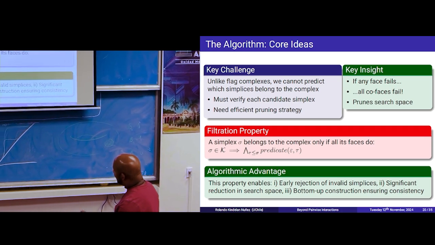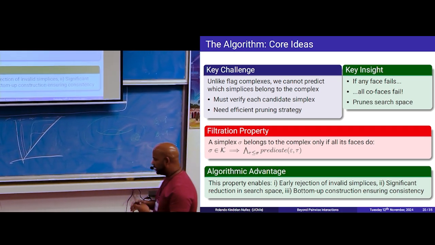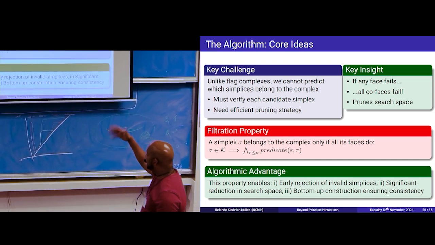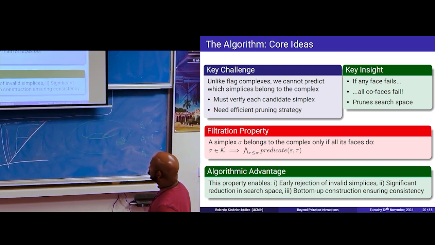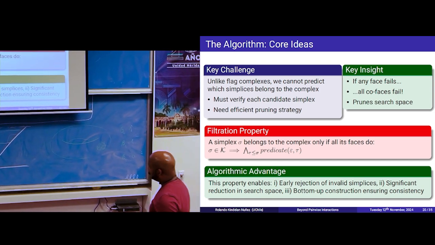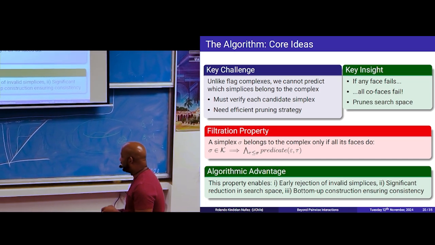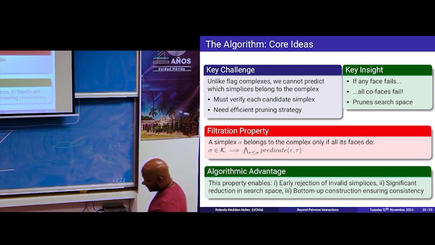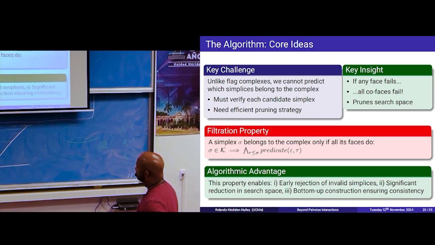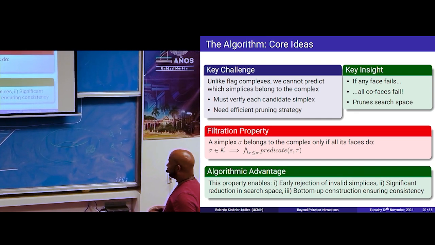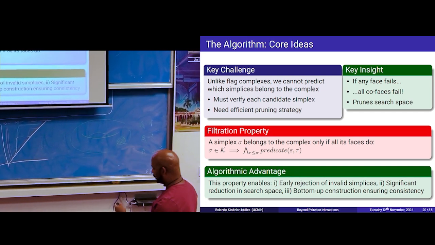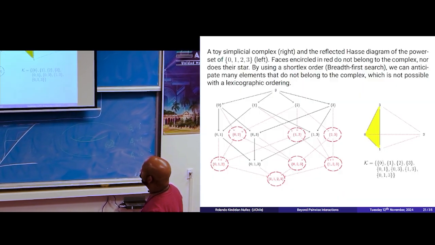So we rely on the filtration property to guarantee that. This enables us to reject a lot of invalid simplices and reduce the search space, and also construct our complex with consistency and with the properties that we want to achieve.